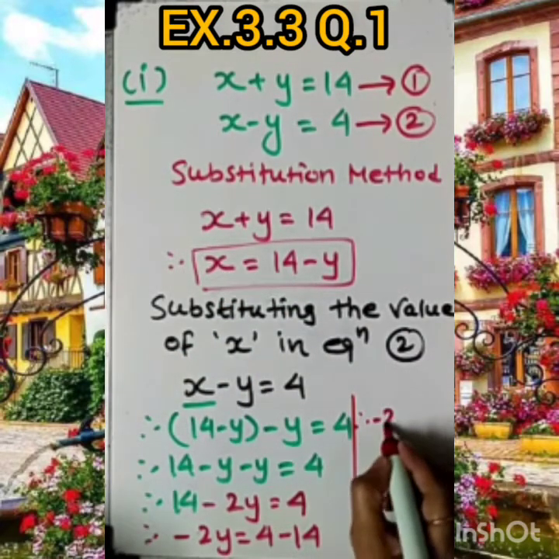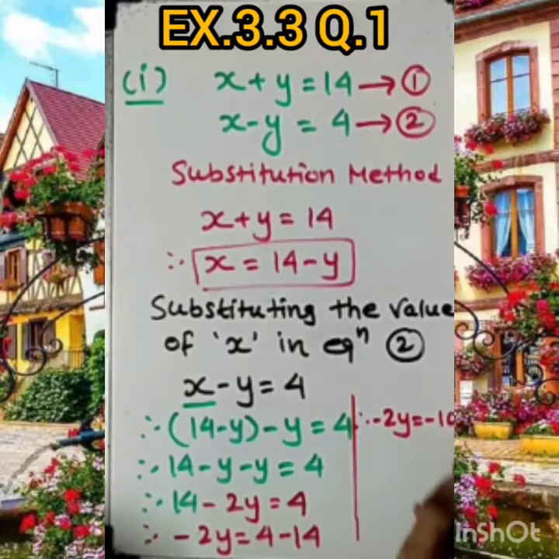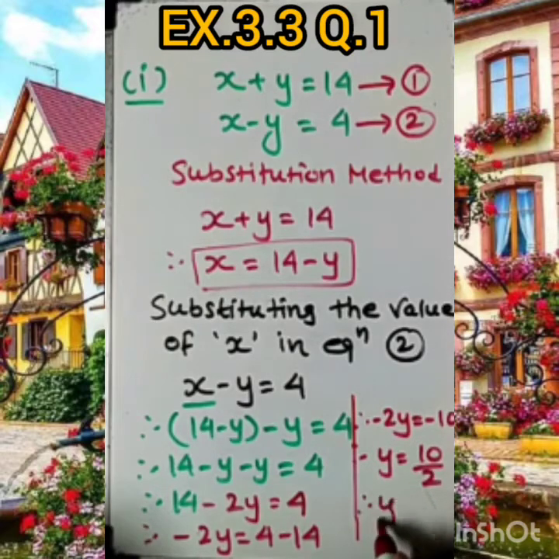So minus 2y equal to minus 10. Therefore, the value of y is 10 divided by 2. The minus will be cancelled from both sides. So the final is y equal to 5. This is the value of y.